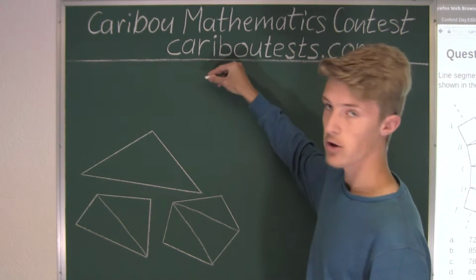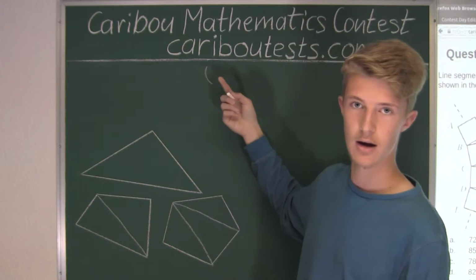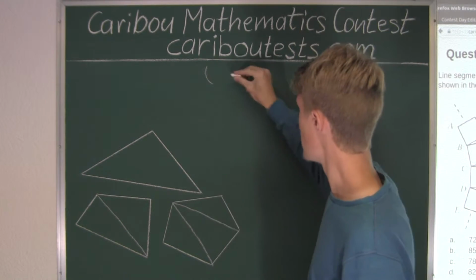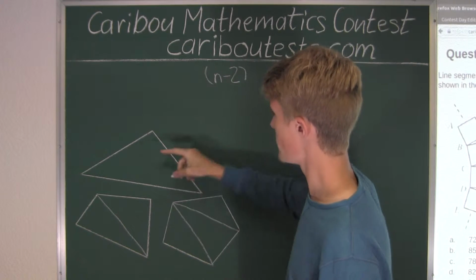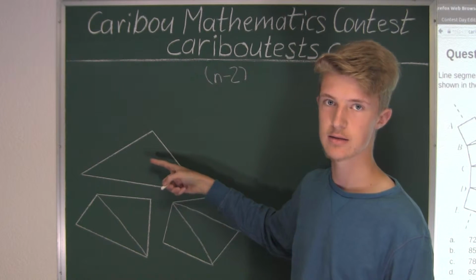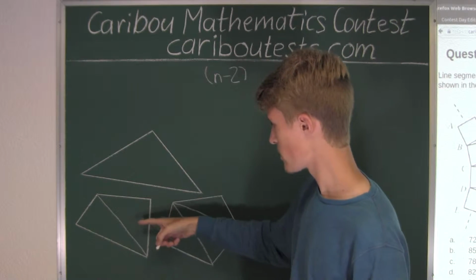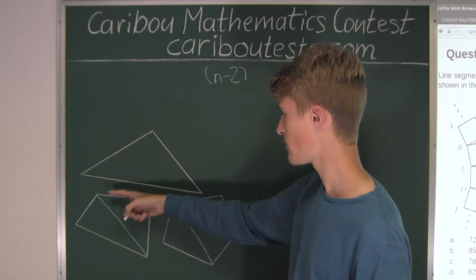So that helps us create a formula for a polygon with n sides. We would have n minus 2, because the triangle has 3 sides and 1 times 180 is 180. Likewise for the quadrilateral, we have 2 triangles, 2 times 180, and 4 sides, so 4 minus 2.